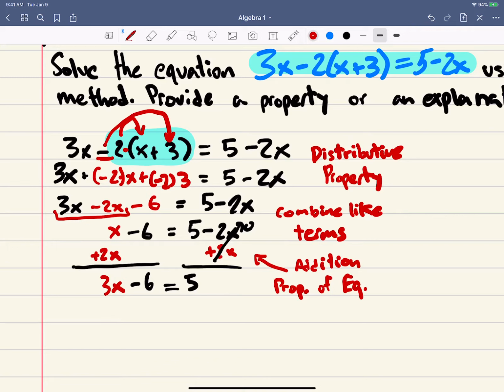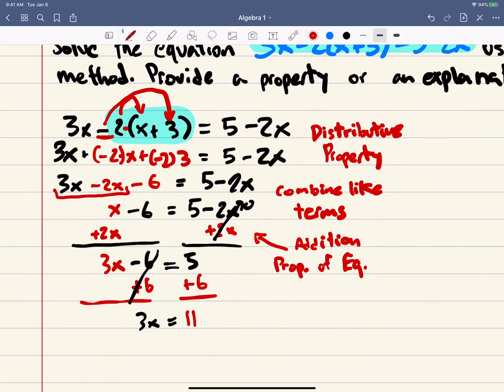All right, and then all you gotta do is get rid of this minus 6. You do plus 6 to both sides, and that's gonna make this go away. And you're gonna get 3x is equal to 5 plus 6. That is 11. So that's the addition property as well.